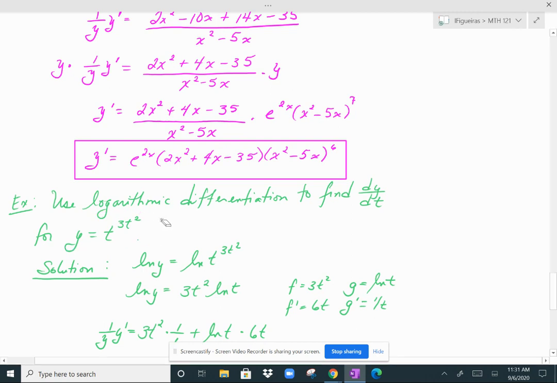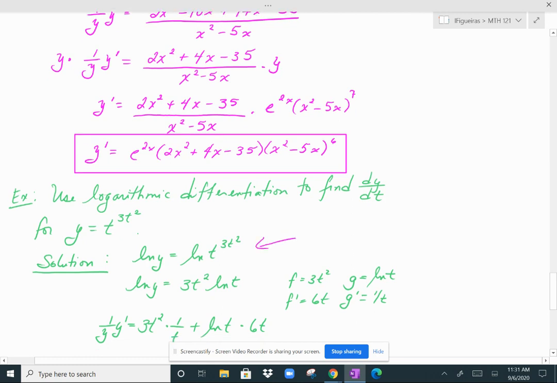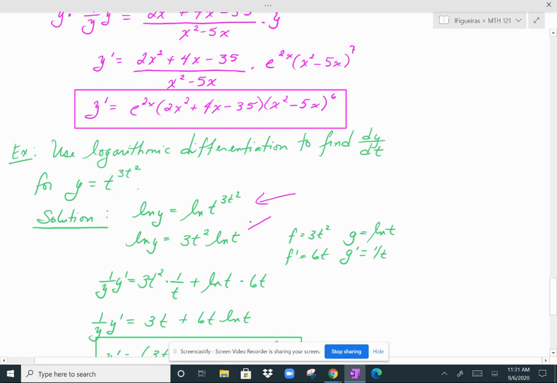So again, I just take the natural log of both sides, and then I rewrite it using the log laws. The first law allows me to put the exponent in front. So I have 3t squared ln of t, which means when I take the derivative, I'm going to have to use product rule, but it's pretty straightforward.